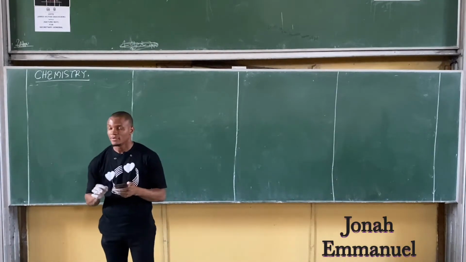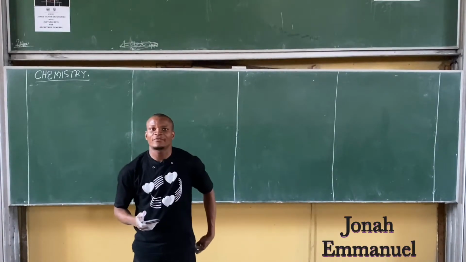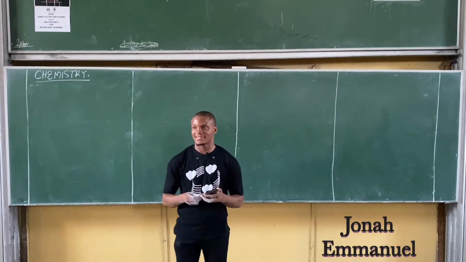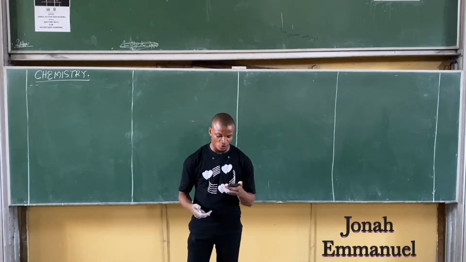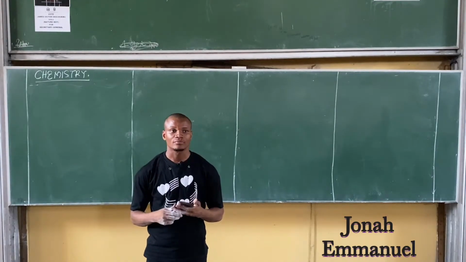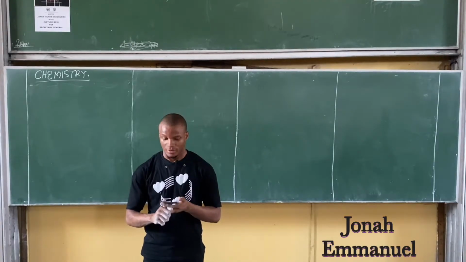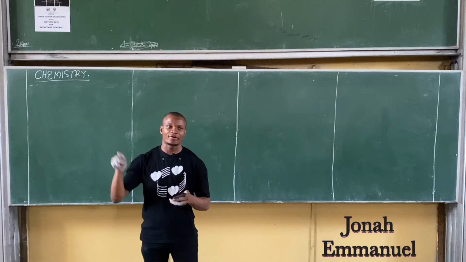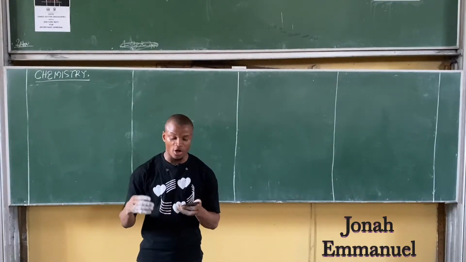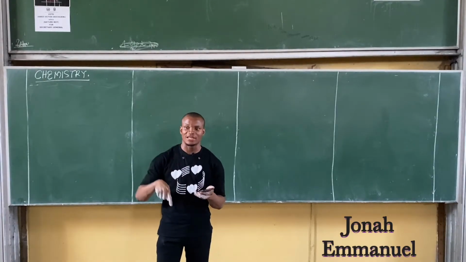Alright, next up is example 2. 375 cm cube of a gas has a pressure of 770 mmHg, that's millimeter mercury.